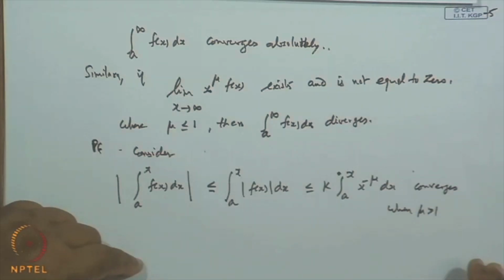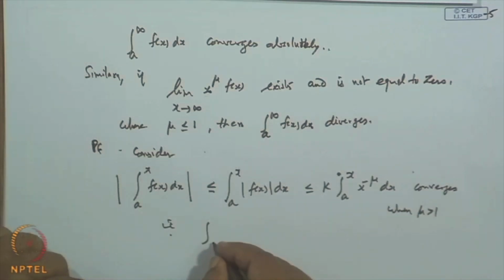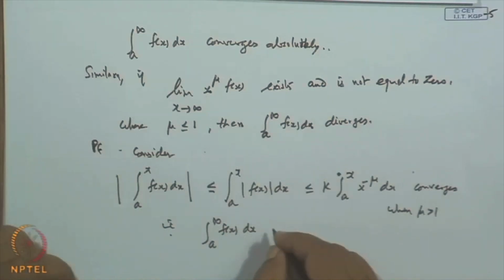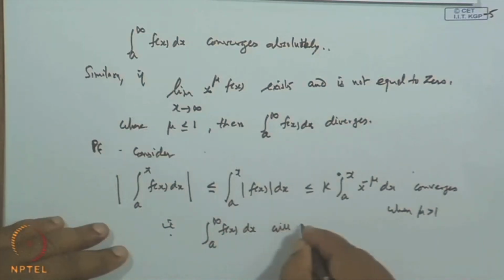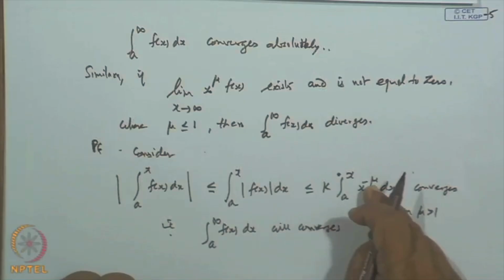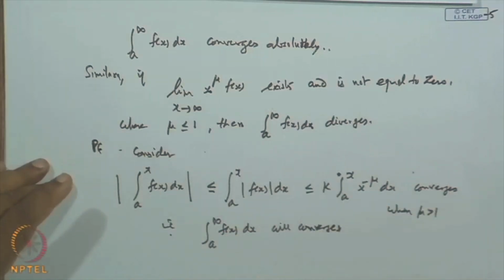So, when x tends to infinity, the integral from a to infinity of f(x) dx will converge, because this integral converges, therefore this integral will converge. Okay, so we get the result.